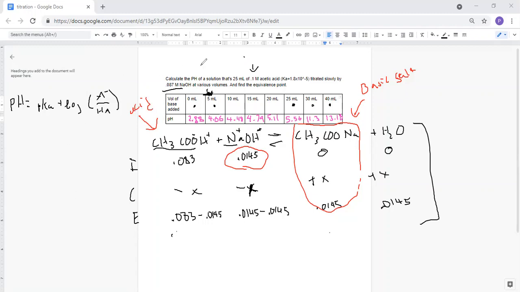So let's plug these in. So we have 0.0145 up here, and we have 0.083 minus 0.0145 here. Sorry, I couldn't write it all in one line.